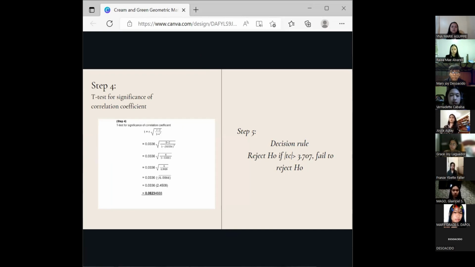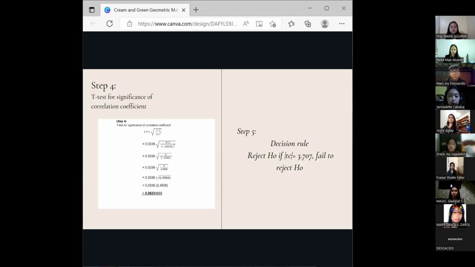And the formula is t is equal to sample correlation coefficient times square root of n minus 2 divided by 1 minus sample correlation coefficient squared. 0.0336 times square root of 8 minus 2 divided by 1 minus 0.0336 squared. 0.0336 times square root of 6 divided by 1 minus 0.0011. 0.0336 times square root of 6 divided by 0.9989.